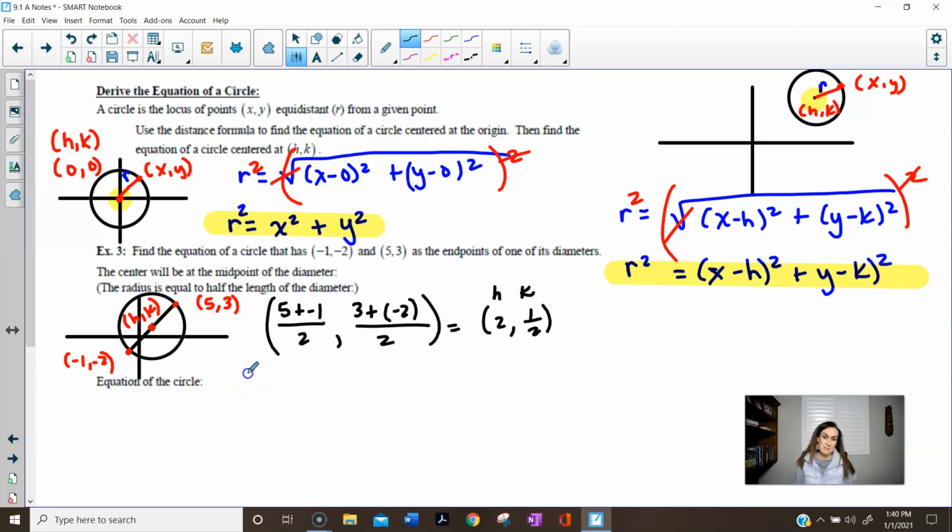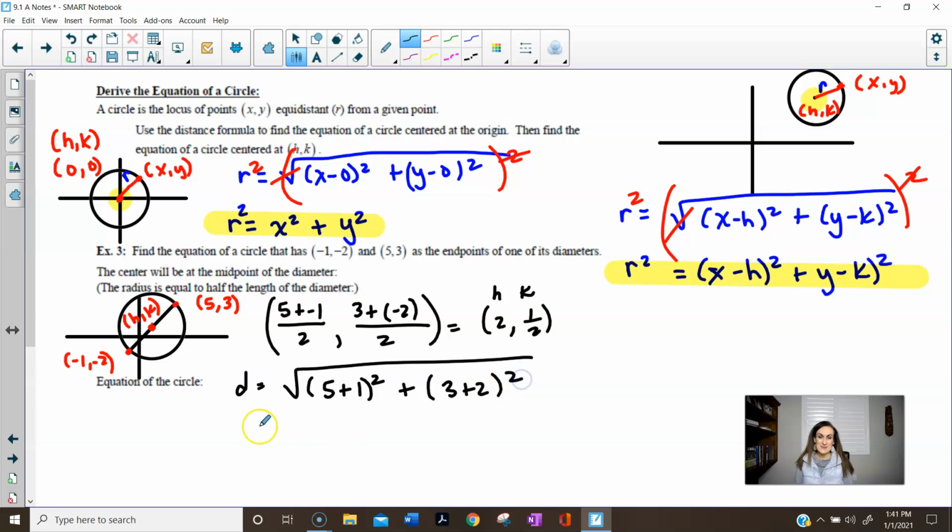So the diameter is going to be the square root of, you'll subtract your x values. So 5 subtract -1 squared, and then make sure you start with the same point each time. So now start at 3 and subtract -2. So 3 minus -2 is 3 plus 2 squared.